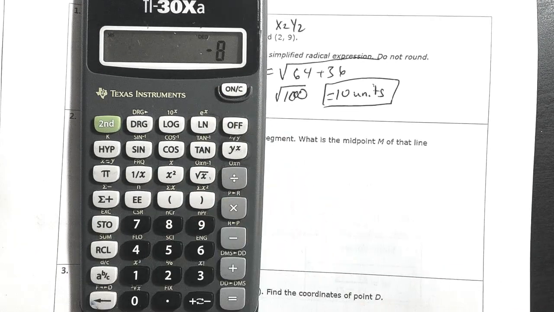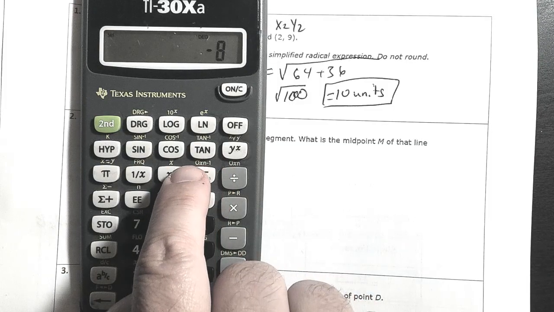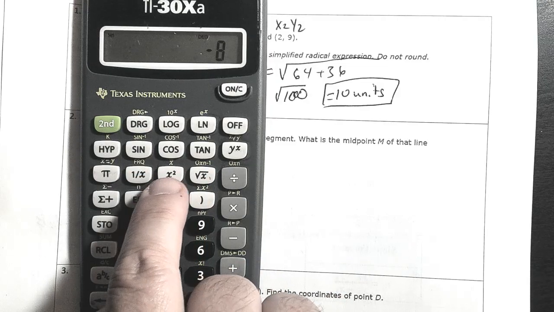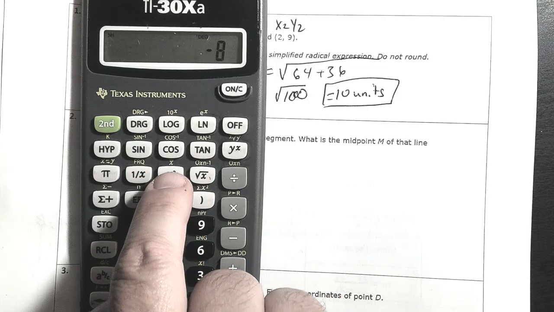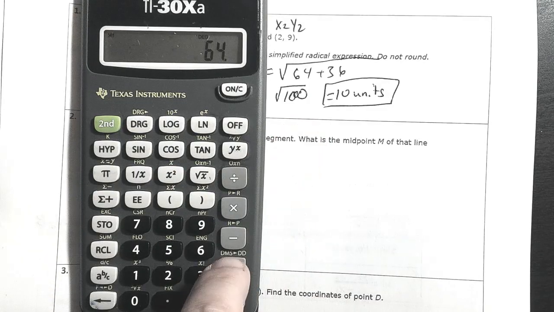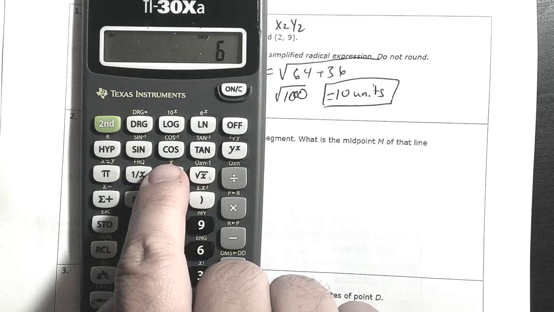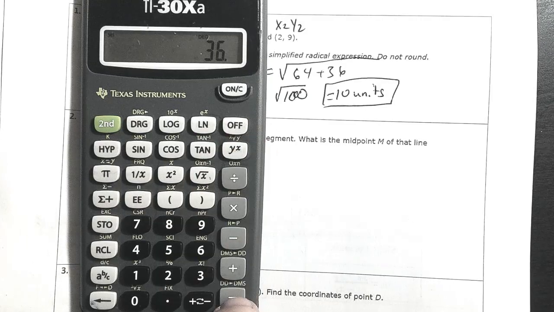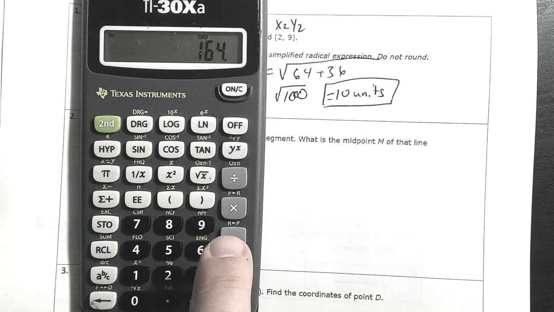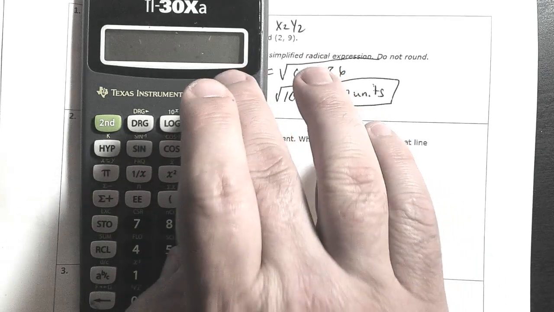Everything on this calculator, I'll do a separate video on sine, cosine, and tangent. Just underneath cosine, that is the button to square something. So you hit it and we get negative 8 squared, which is 64, like I said. Now we hit plus, then 6, and square that too. So we get 36. We hit equals. What did I do? No, I had the 8 in there from before.